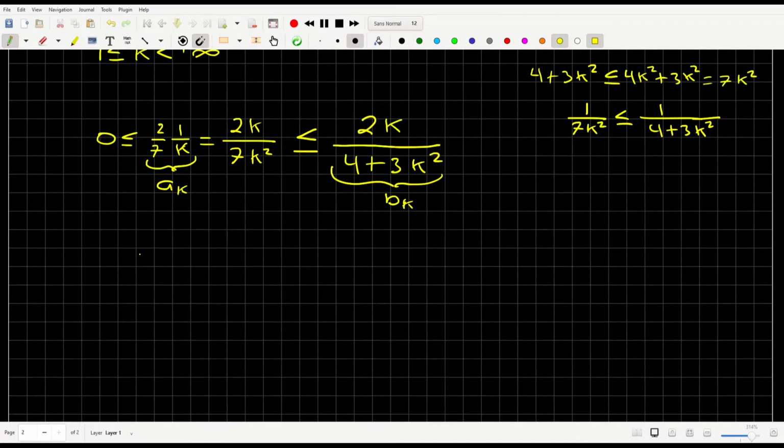And then we know that the series of AKs, the sum from k equals 1 to infinity of 2/7 times 1 over k, this sum diverges.